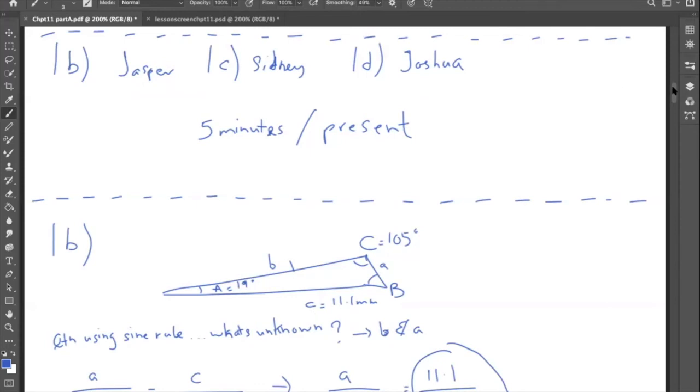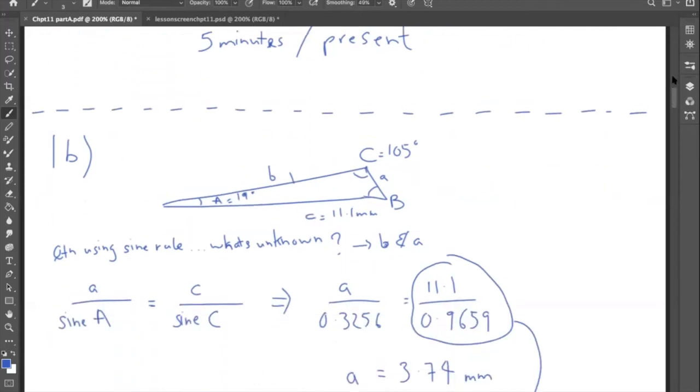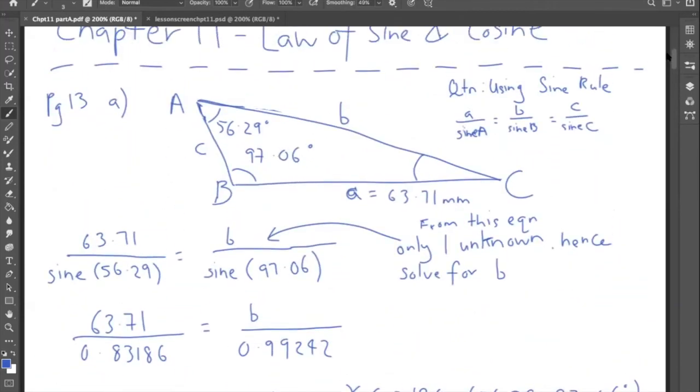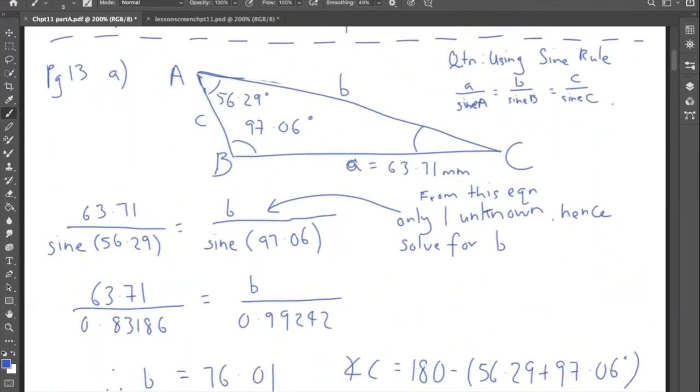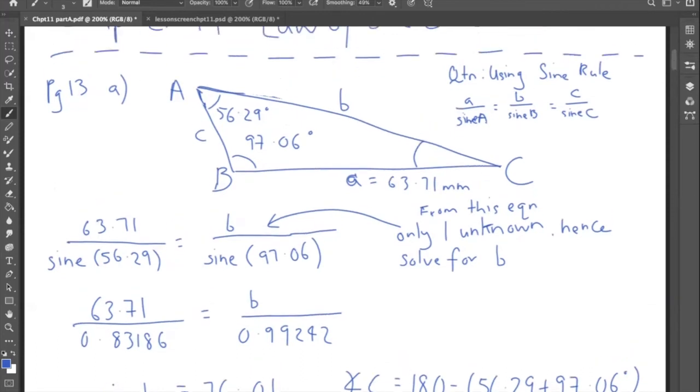So I will go through 1A again. Royston, do you use the sine rule? So we have a over sine A equals b over sine B equals c over sine C. We have the two angles given to us and the length. So from the equation, I can solve for b. Follow the convention: angle capital B, the length small letter b.